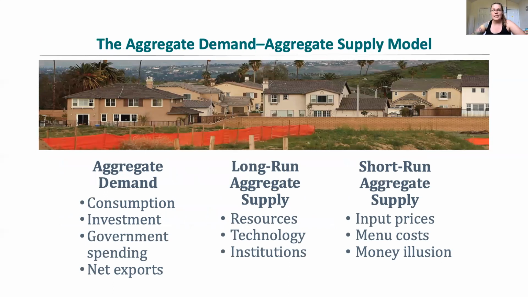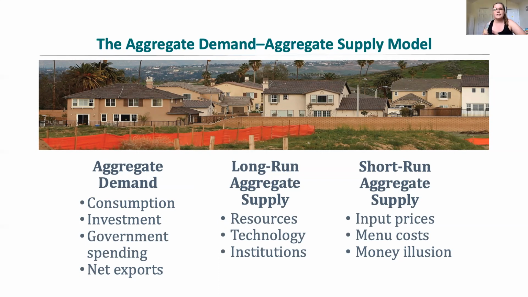The aggregate demand and aggregate supply model is an extension of the supply and demand model that we learned at the very beginning of the semester. We're going to be looking at the different components of GDP that make up aggregate demand: consumption, investment, government spending, and net exports.